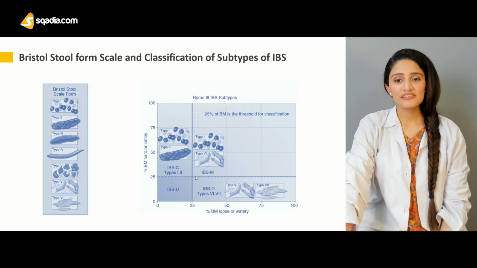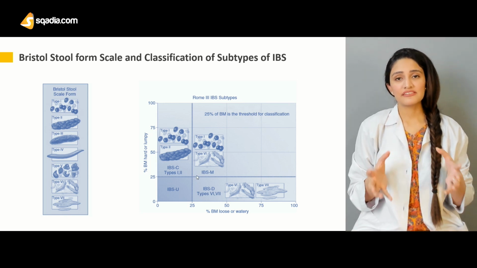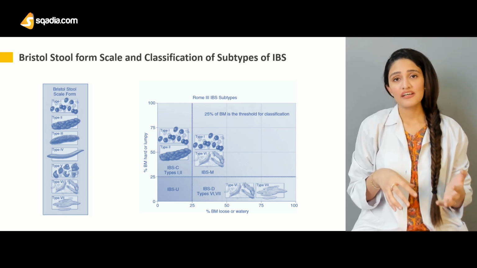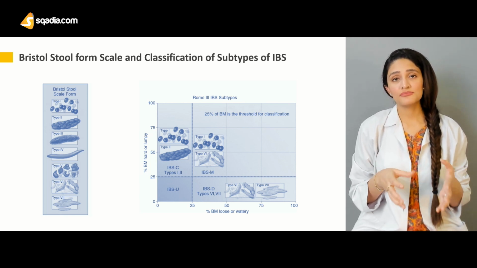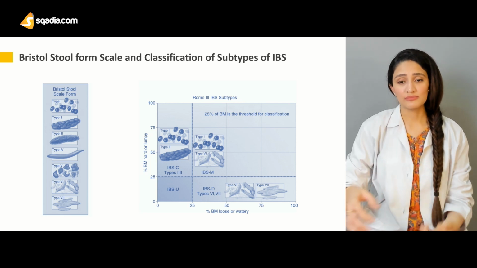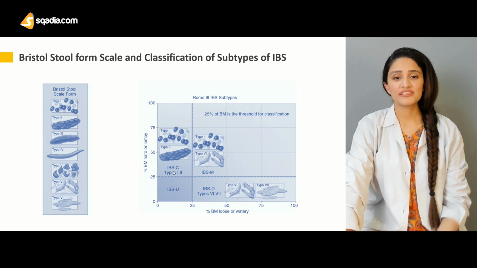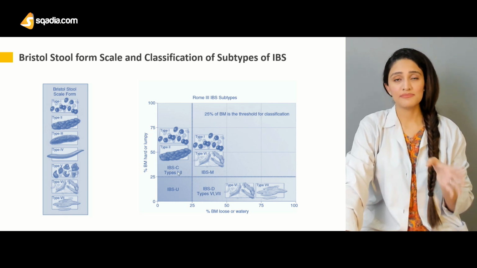And in the middle, it represents if a patient is having both constipated and diarrhea type stool forms, or it could be on a normal basis.